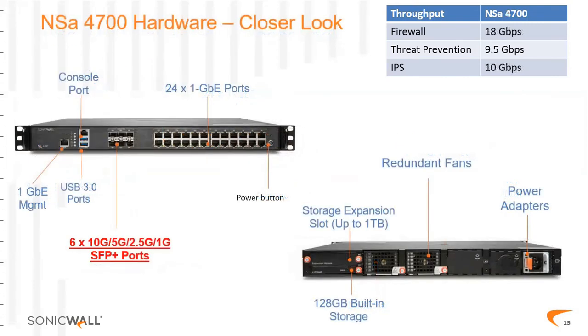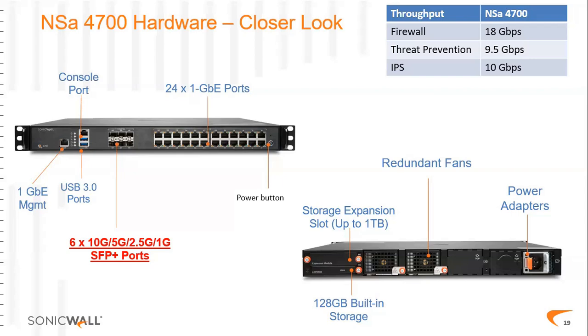This one is the 4700 hardware. We can see there are 24 ports for 1 gig, and then they have 6 ports for 10 gig, 5 gig, 2.5 or 1 gig, or the SFP port. They have the USB 3.0 port also, and the storage expansion is up to 1 TB.